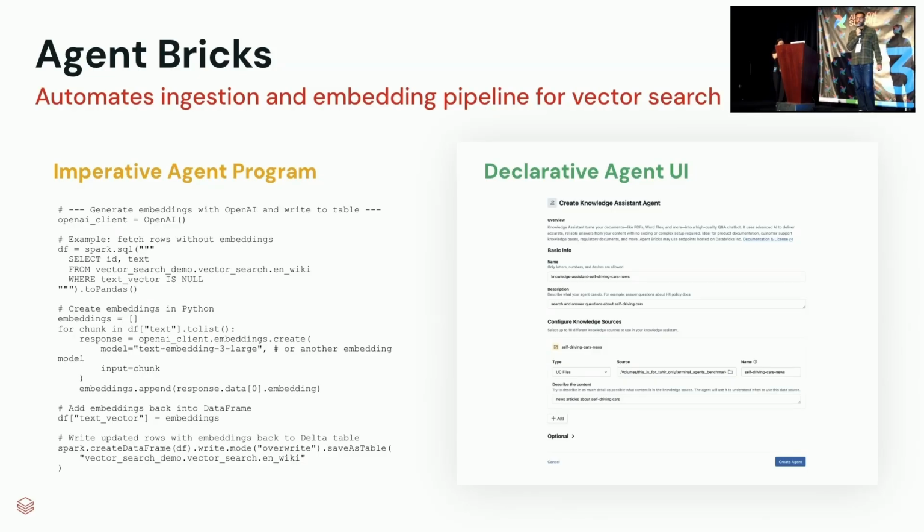You have to handle all the incremental logic. But with Agentbricks, you can just go into our UI, define the agent that you want, tell it the source of the data, and this will create a pipeline in the background for you, which will do all the embeddings and write to a serverless vector search database.